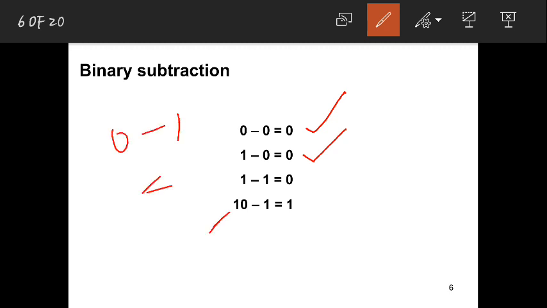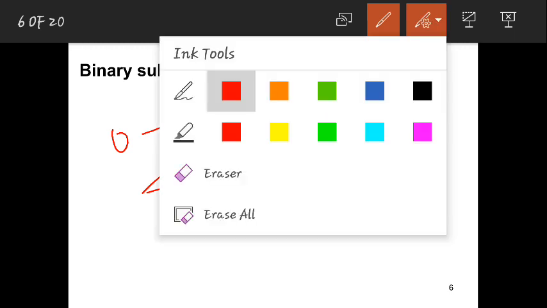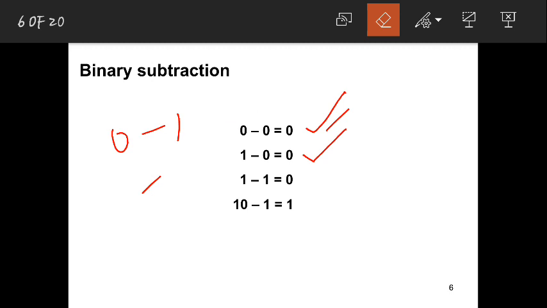So you know 0 minus 0 is 0, that is fine. 1 minus 0, bigger minus smaller, here you need to get 1, not 0. Even here there is a mistake. There are lots of mistakes in this. Please correct it. This is 1. 1 minus 0 is 1, not 0. So here 0 minus 0 is 0, 1 minus 0 is 1, 1 minus 1 is 0.